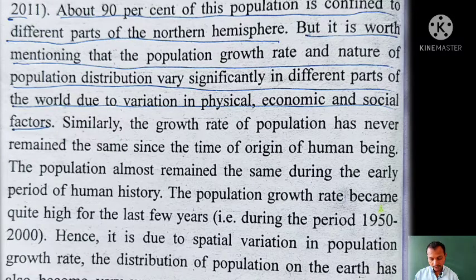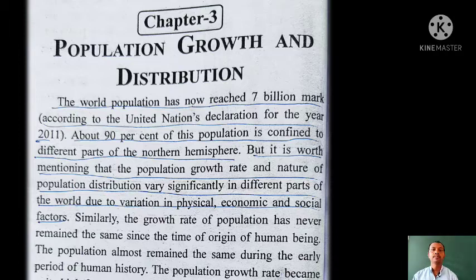Now it is worth mentioning that the population growth rate and the nature of population distribution vary significantly in different parts of the world due to the variation in physical, economic and social factors. See, even if the statement says that 90% of the people are in the northern hemisphere, it is not that human beings are equally divided among all the places.